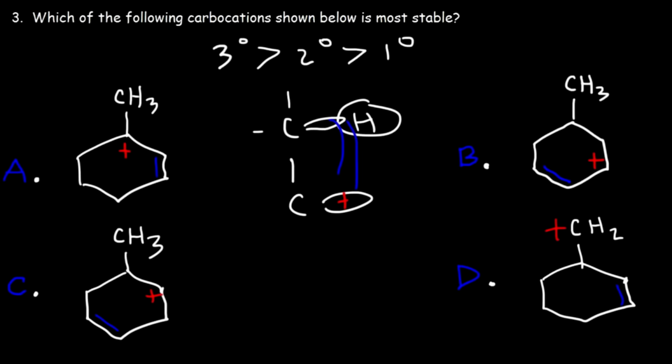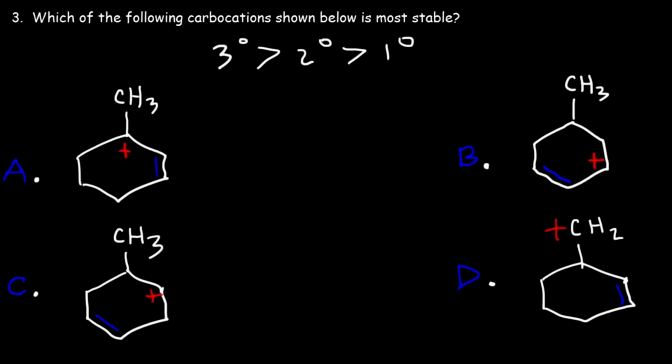And so that's how electron density can be donated to the carbocation by means of hyperconjugation, which is through the overlap of atomic orbitals. So when these two orbitals overlap, electron density can be shared. So those are the main reasons why tertiary carbocations are more stable than primary ones.